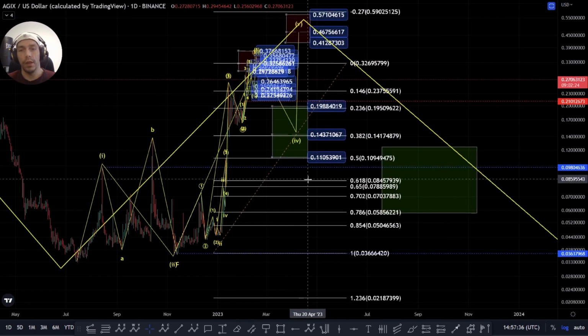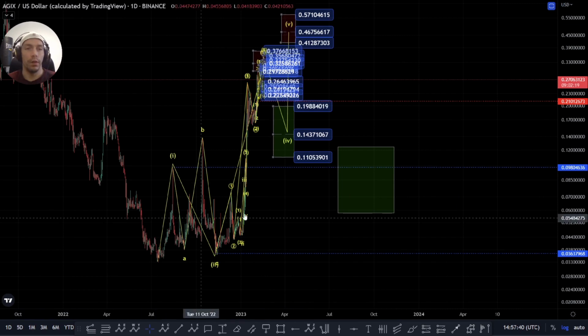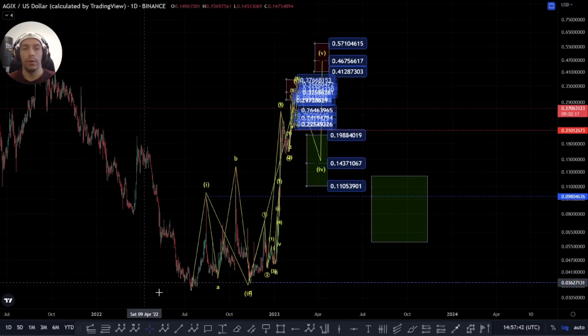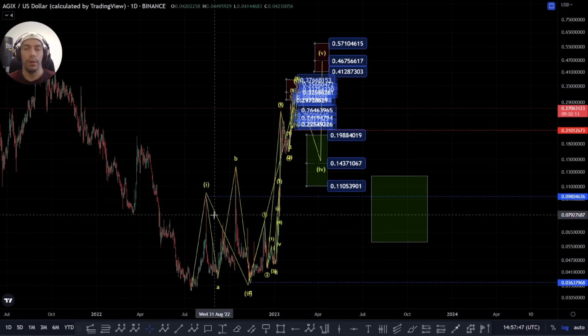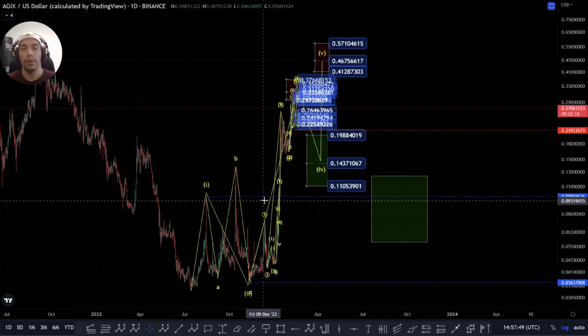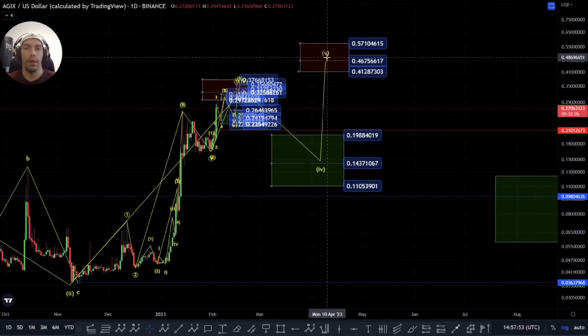So we'll try to keep you up to date. We need to bear in mind with these smaller coins there isn't a lot of price history, and it's hard to work out the context of where we are within the move based off the data we have. So we just have to give it time, plot the moves as they happen, and see where we come out at the other end.